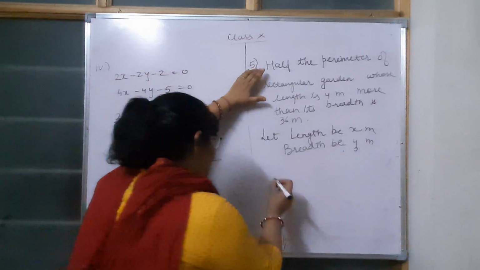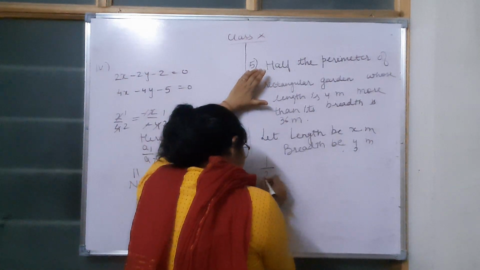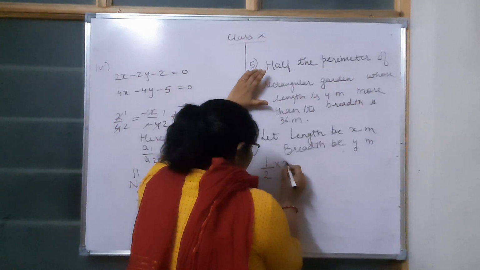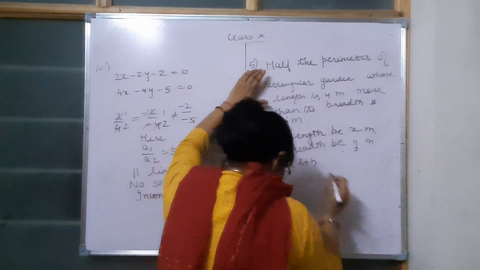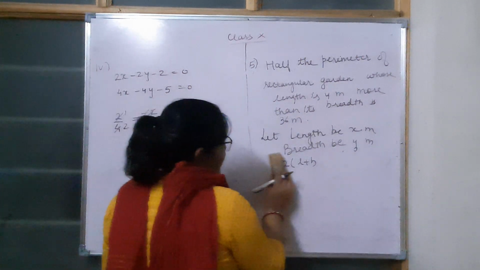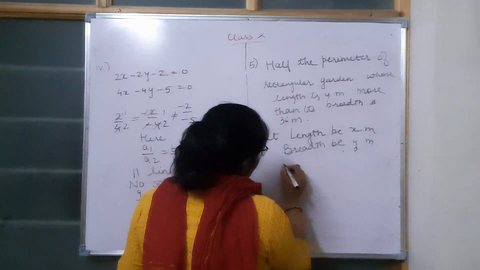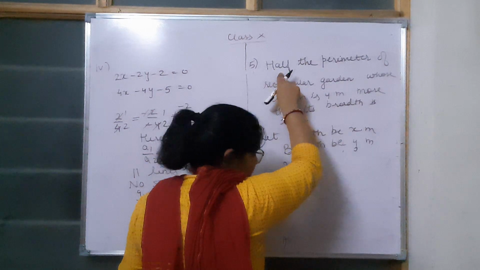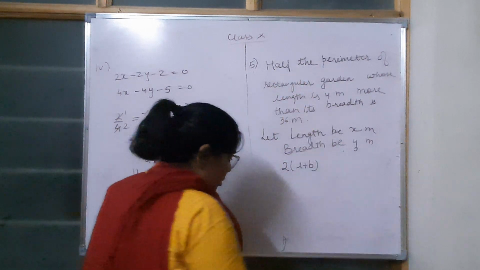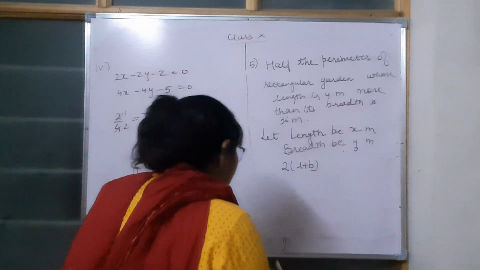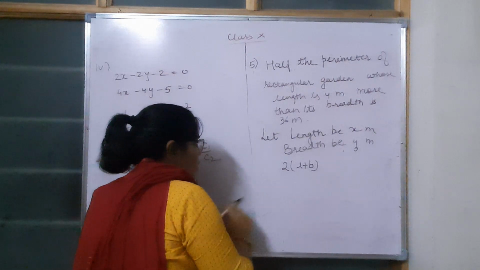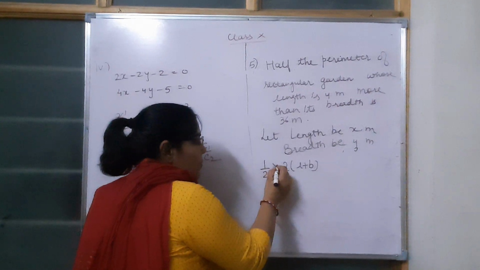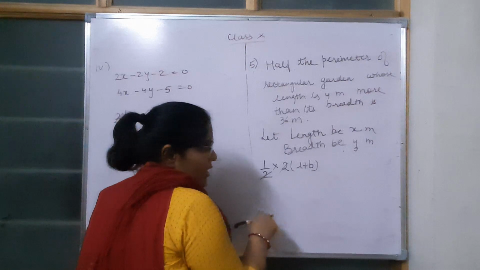Alright. What are they asking? Half the perimeter. How would you find the perimeter? Perimeter is 2 into length plus breadth. Now they want you to find its half. So how would you find half? You will multiply it with half. So half of the perimeter is what?